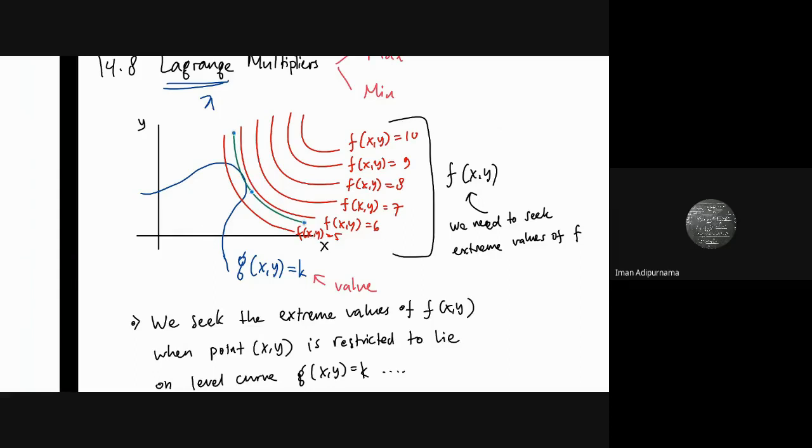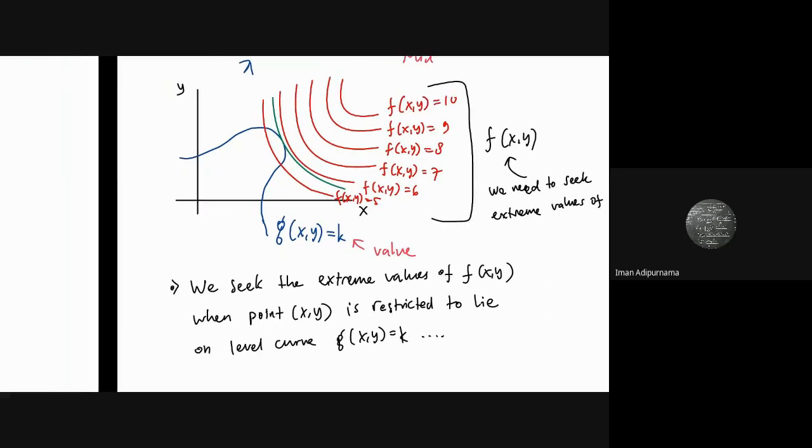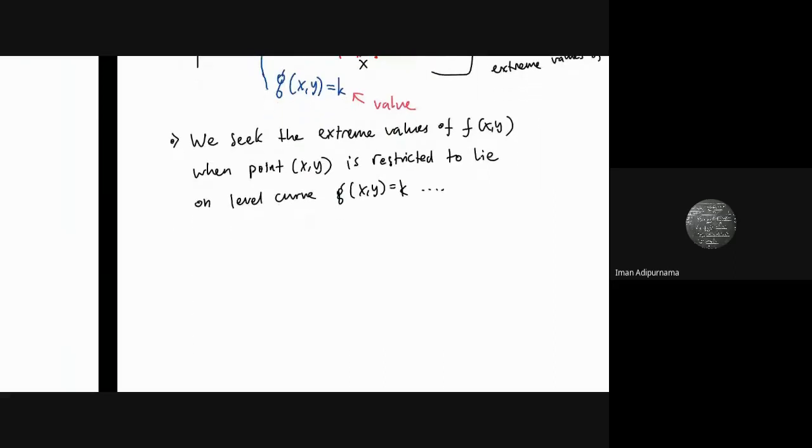Maybe like that. The green color is touching the blue one, right? The f is touching the green one. So basically that is when we want to maximize.